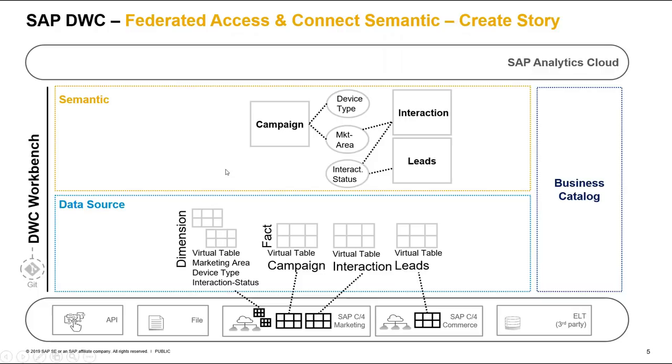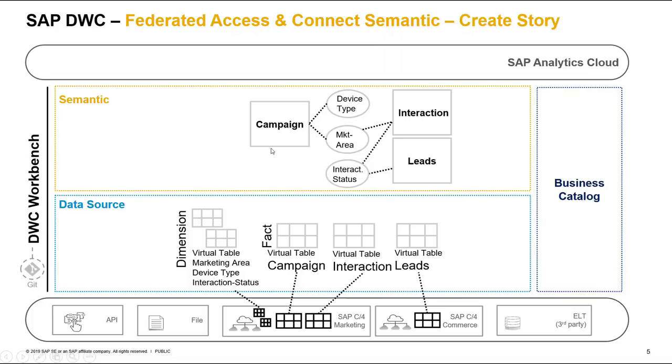The reason why we're separating the data sources from the semantics is to provide the flexibility to also adjust the connection to another set of campaigns as an example, or to exchange the data source layer by a new data source layer while keeping the semantic model stable, which will help to further proceed on the modeling capabilities.